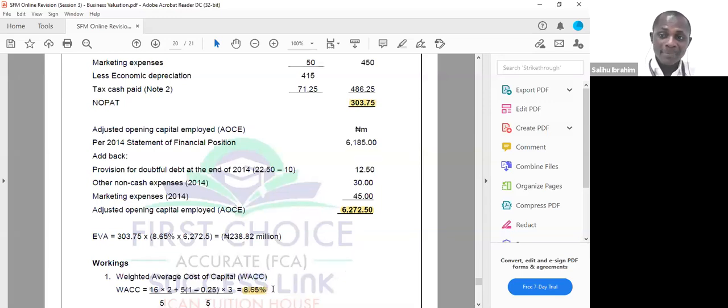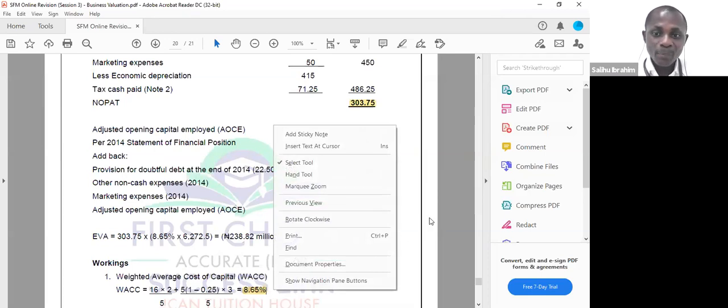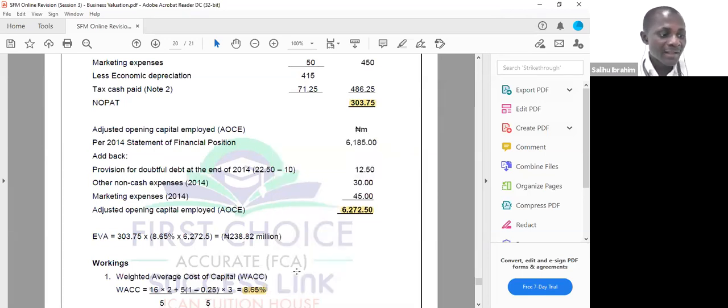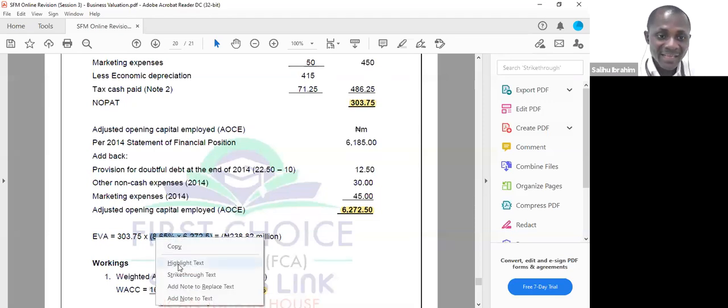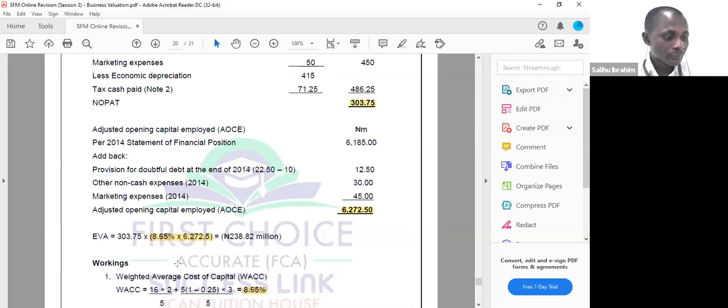That is the opportunity cost of the capital employed. Our capital was gotten at 8.65%. So if we get our capital at 8.65%, multiply that by the total capital of the company, which is 6272.5. This is the amount of capital consumed for that year.